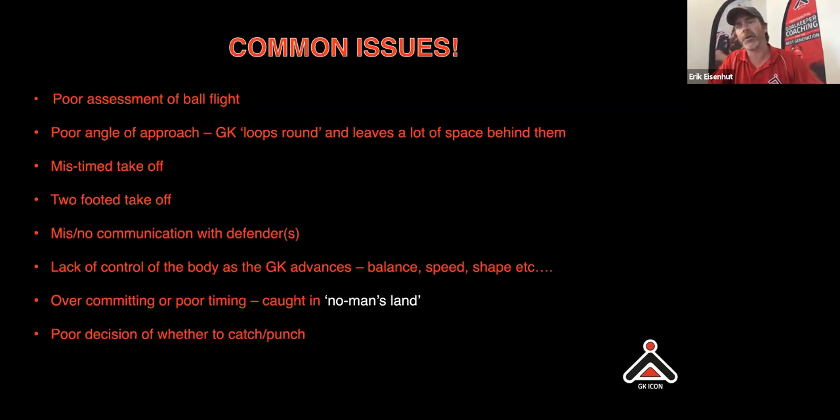It's still new in your game, so I would like to support you guys taking in as much information as you possibly can and seeing as much video, because you can only replicate this on the training pitch so many times with goalie coaches.